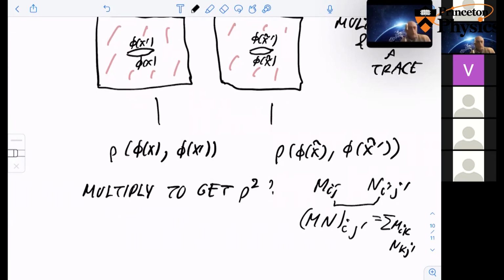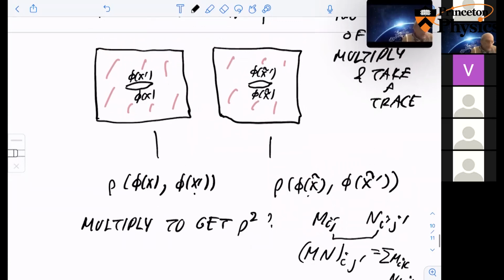So in general, multiplying 2 matrices or operators means you set the second index of the first equal to the first index of the second and sum. So here, that means setting the values here equal to the values here.